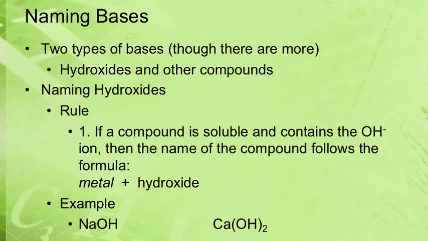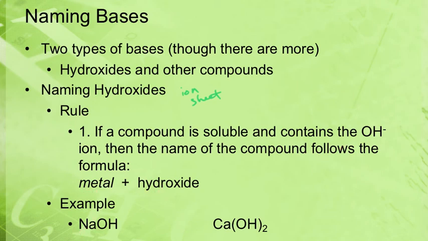Naming bases is really convenient because there's nothing different than what we've done before. Basically, you've got hydroxides and then other compounds. And so if it's a hydroxide, you're going to name it based off of ionic naming rules, right? You're going to use your ion sheet and ionic naming rules to do that. So nothing different there. So if it's soluble and it contains a hydroxide ion, just name the metal, then the word hydroxide.